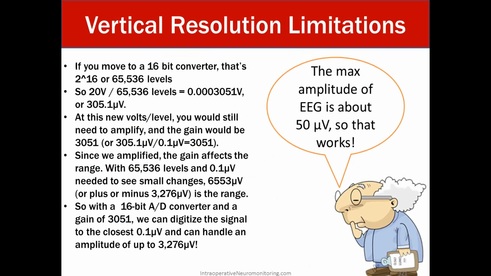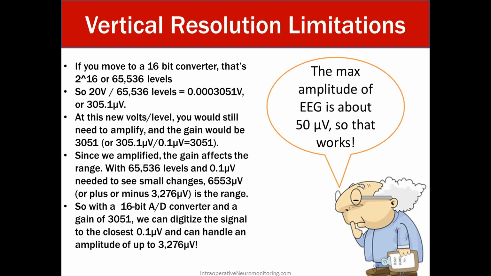So if you move to a 16-bit converter, that's 2 to the 16th or 65,000 levels. So 20 volts divided by 65,000 levels is that small number, or 305.1 microvolts. At this new volts per level, you would still need to amplify, and the gain would be 3051, or 305.1 microvolts divided by 0.1 microvolts.